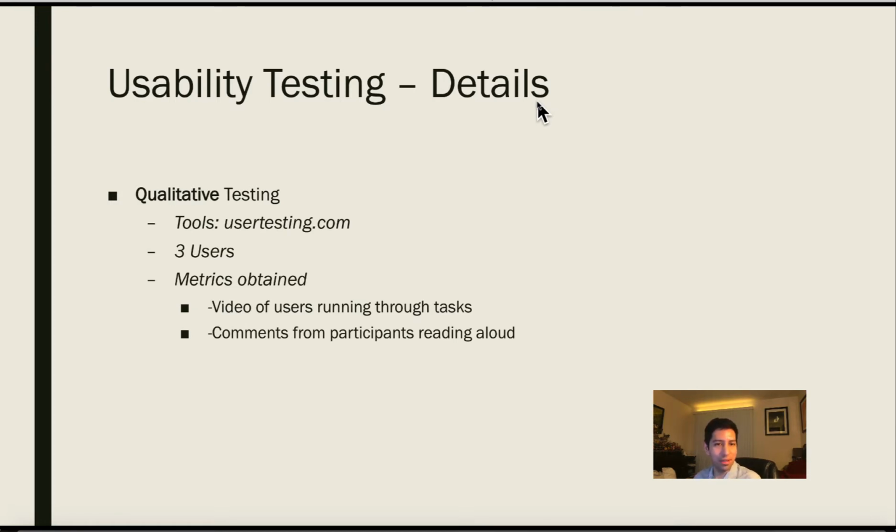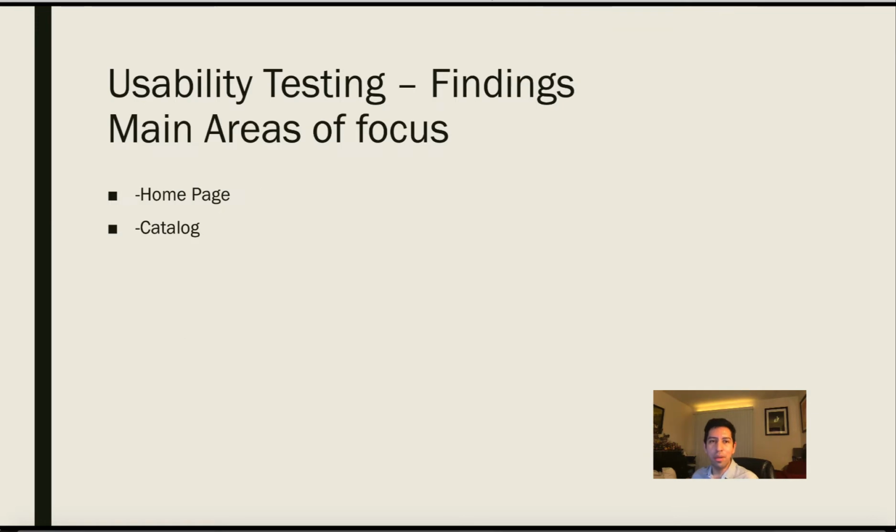For qualitative testing, I used the usertesting.com platform, and I used 3 users. The metrics I obtained were video of the users running through my tasks and comments from the participants doing a read aloud protocol.